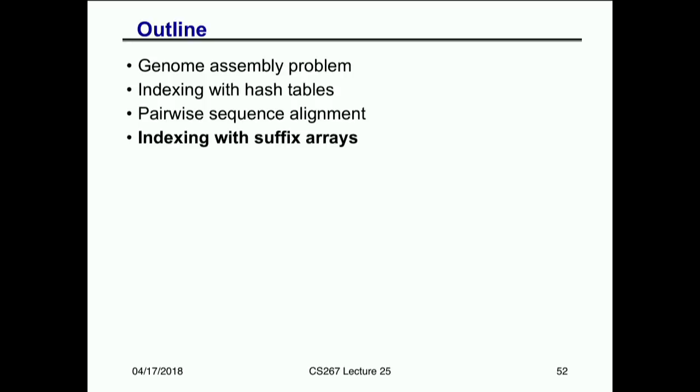The hash table we used to limit the number of comparisons and say that read I is aligning to contig or read I is aligning to read J. There's another game in town, it's called suffix arrays. Instead of constructing a hash table, I can construct a suffix array and create the same result.